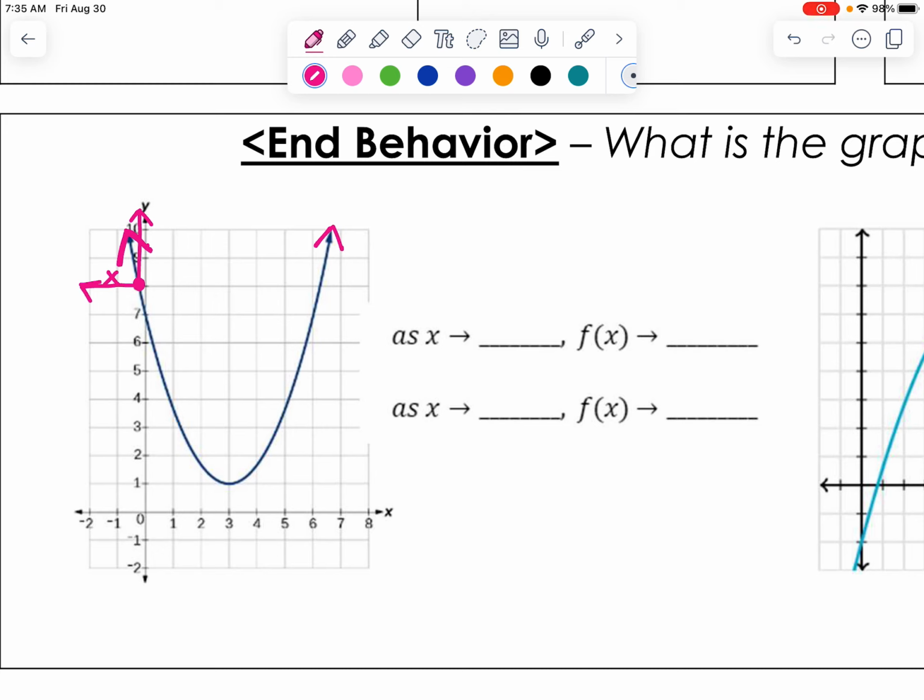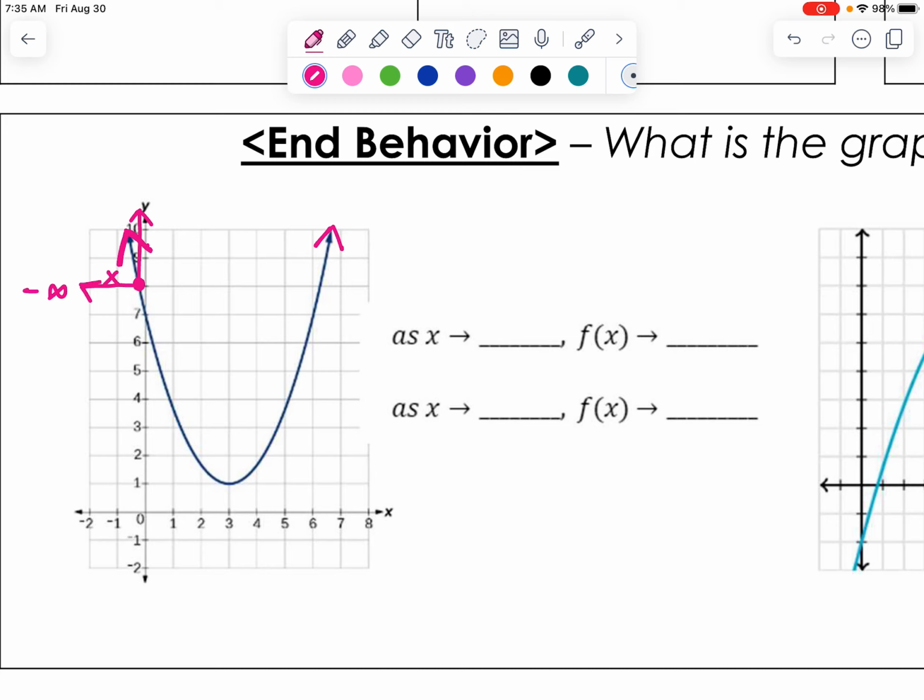If you think about the x-axis, as you continue to move further to the left, your numbers keep getting smaller and smaller, getting closer and closer to negative infinity. So as x approaches negative infinity, that's the farthest left it could ever possibly go.